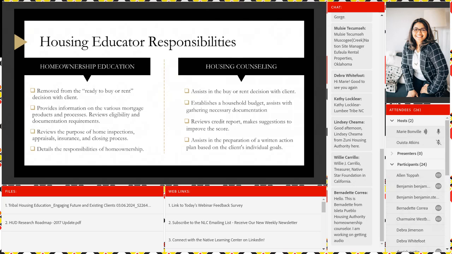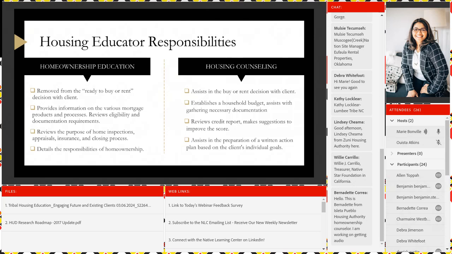Establish a household budget. Of course, you'll do an intake and take the information necessary to assist them. You're also gathering the necessary documents, right? So you're kind of taking on the role of what the loan officer in a non-native setting would maybe do, right? The loan officer just collects the docs and helps them through the process until they get to the underwriting stage.